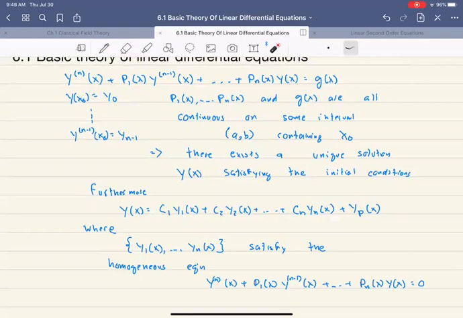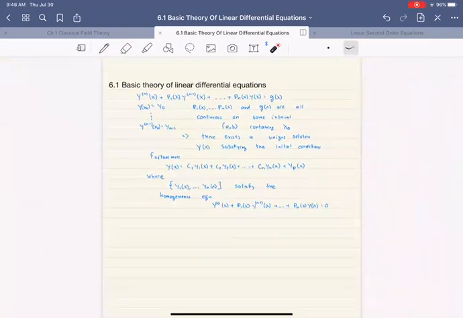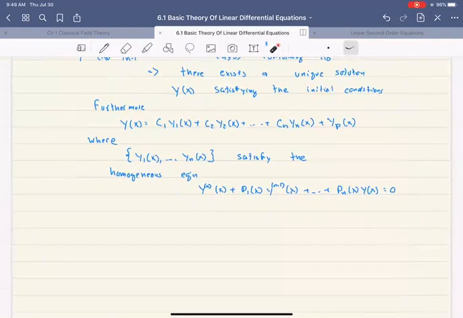Let's just quickly do a couple of examples, trying to understand these points.